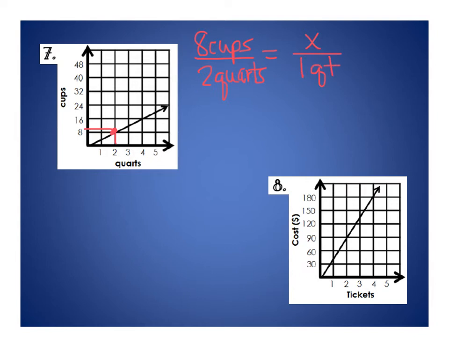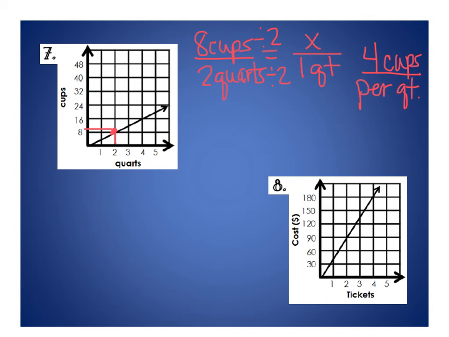So if we took to go from 2 to 1, we would have to divide by 2. So then on the top we divide by 2. 8 divided by 2 would give us 4. So it would be 4 cups per quart.